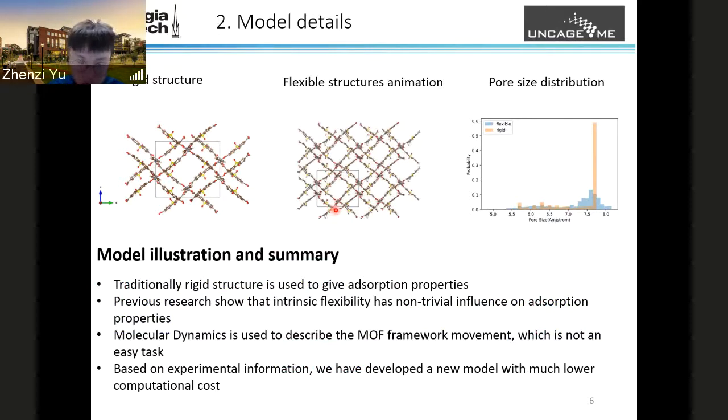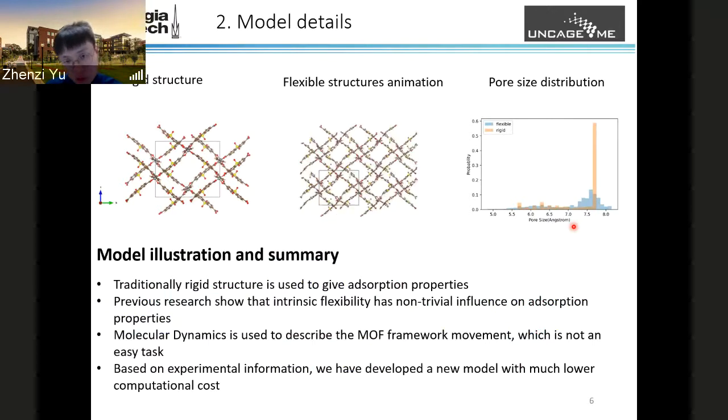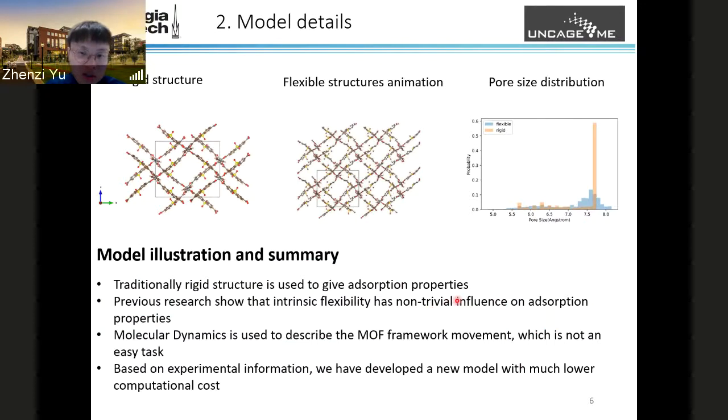After taking into consideration the vibration of the ligand or the atoms, we can see the pore size distribution actually changed. The pore size distribution for flexible snapshots is widened. Those changing physical properties definitely result in a non-trivial influence on adsorption properties in lots of cases.